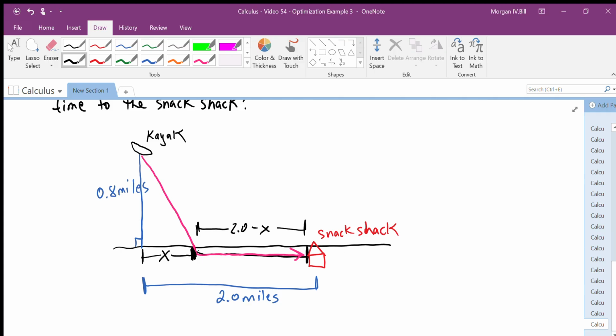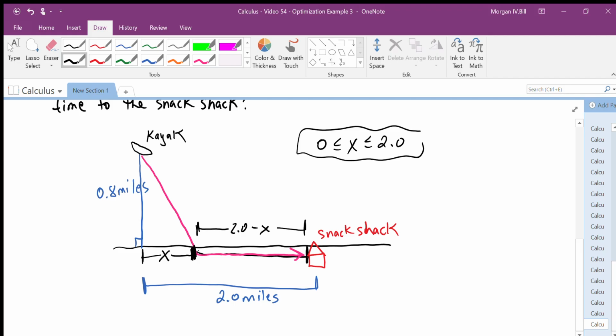Now, x could be 0, and if x is 0, that means you're going straight to the shore in that perpendicular distance. X could be 2 miles, and if x is 2 miles, that means the kayak is going straight to the snack shack without stopping on the shore any time in between. So we know that by this drawing, x is somewhere between 0 and 2.